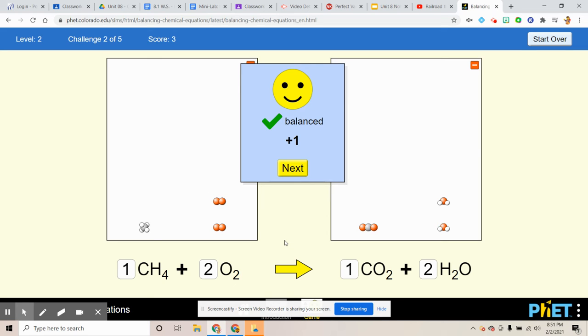in a lot of our gas heated homes, is 1 methane molecule plus 2 oxygen molecules will result in 1 carbon dioxide molecule and 2 water molecules. This is the balanced chemical reaction. Very important, okay?